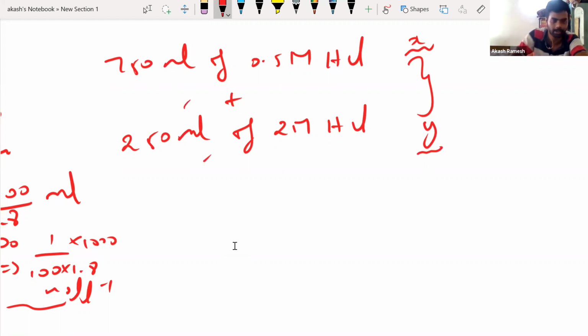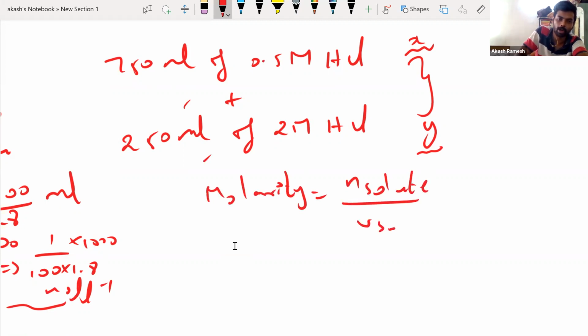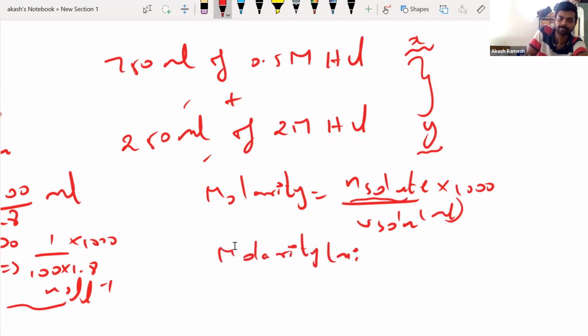and I also add up the volumes, right? So basically what you understand is molarity is number of moles of solute divided by volume of solution in ml, into 1000. Very simple. Now, since I'm mixing two solutions, I have one solution and a second solution, so I have to add. So the molarity of the mixture will be what?